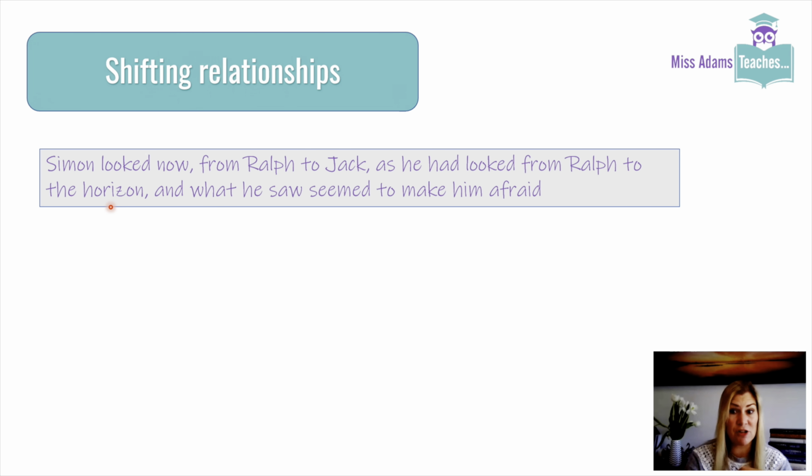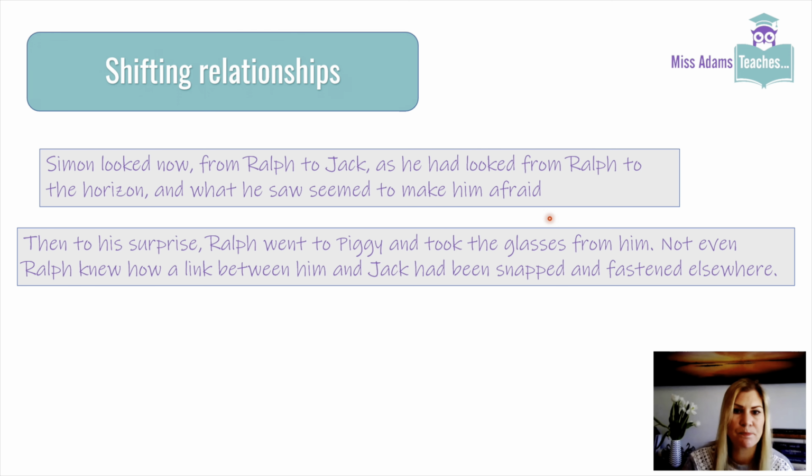That's referencing the ship moving away, and what he saw seemed to make him afraid. So Simon understands the gravitas in the split and the shift between Ralph and Jack, that actually chaos is coming and rescue is further and further away, which is why Golding kind of mirrors the look to the horizon where the boat was to looking between, you know, the distance between the two boys.